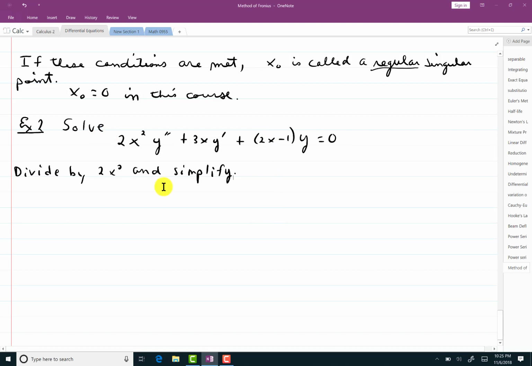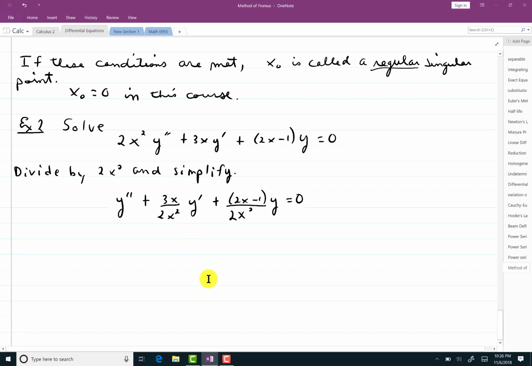So let's divide everything by 2x squared, and we get the following. y double prime plus 3x over 2x squared y prime plus (2x minus 1) over 2x squared times y, and that's equal to 0. Oops, I forgot the x squared here. This right now, this exponent is too much. The 2 is too big.